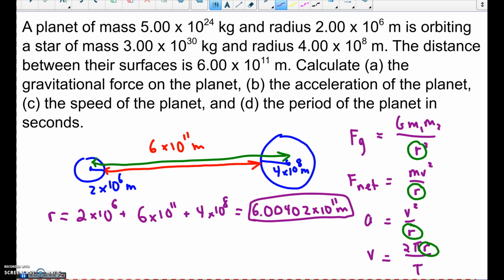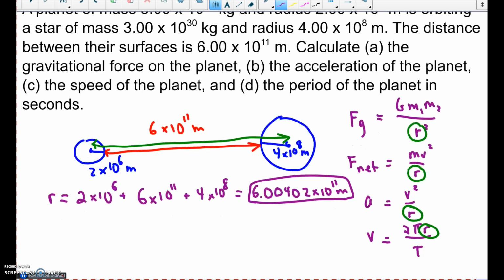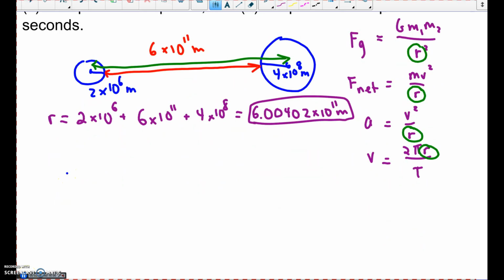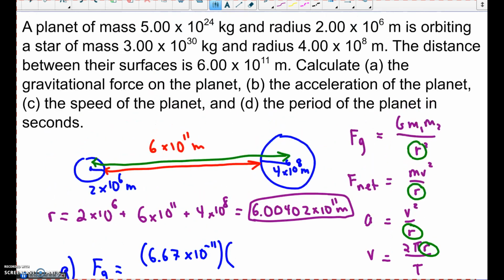So for part A, we have to calculate the force of gravity. And I've got the equation up there in the corner. Force of gravity equals big G. That's 6.67 times 10 to the minus 11. And then I have the product of the masses. Let me look back up. So the first mass is 5 times 10 to the 24.